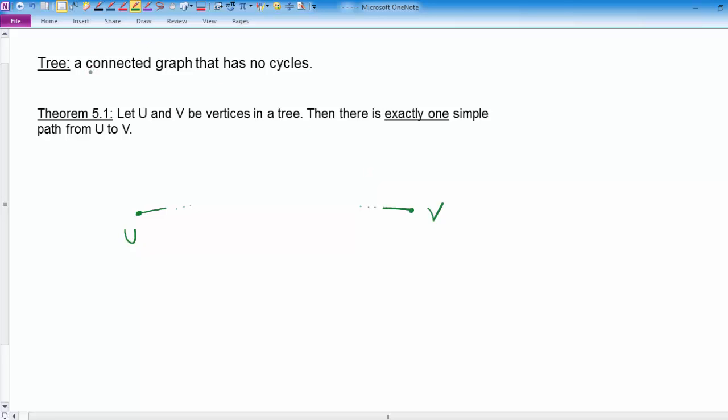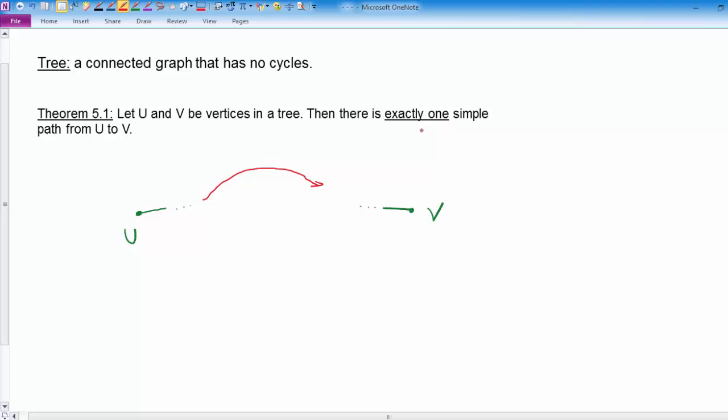The tree is a connected graph. That means there is always a path between two vertices, because the graph is connected. Well, if there is a path from U to V, then perhaps the path will start here and it will go around and it will eventually arrive at V. The theorem says that there is exactly one simple path.